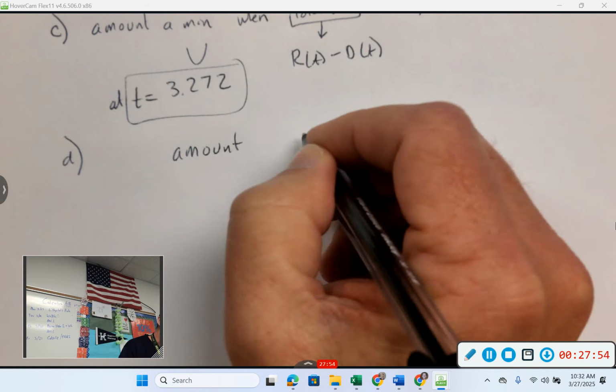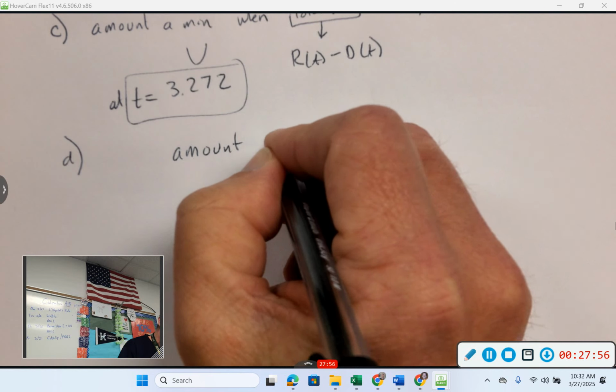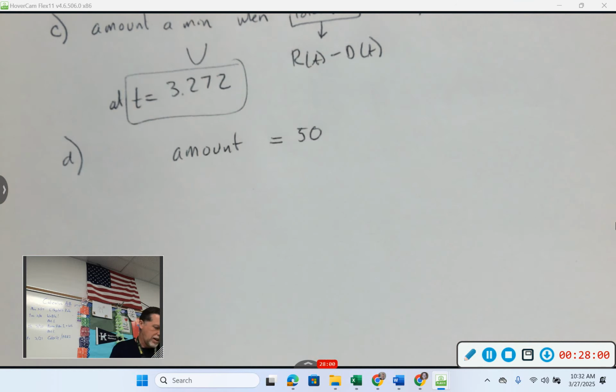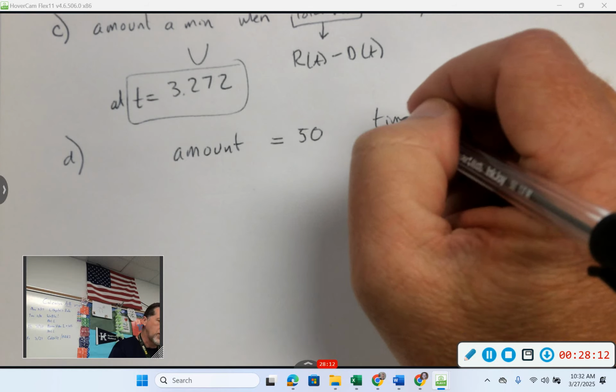So I want the amount to equal 50. So I need to come up with some equation, probably involving an integral, to get to 50. And it said to use time equals W.